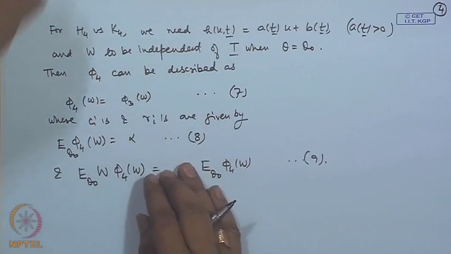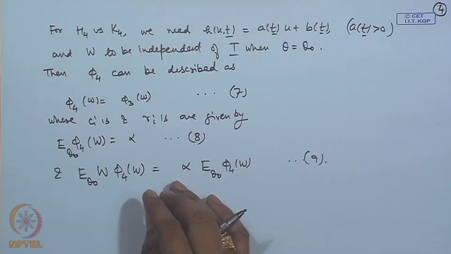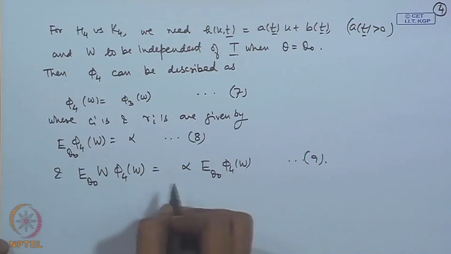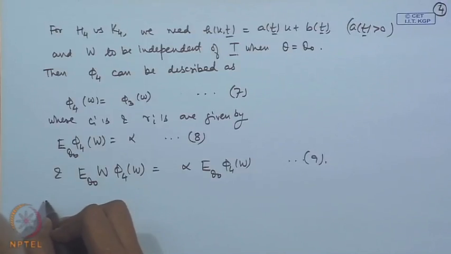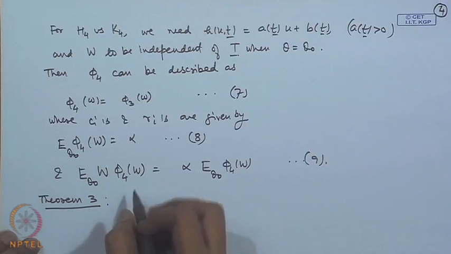The expressions that I have written have become free from t. So, this is the advantage of this technique, and in order to apply this technique, we need to suitably define this function h for various hypothesis testing problems. So, I summarize all these results in the following theorem. Let me call it theorem 3.